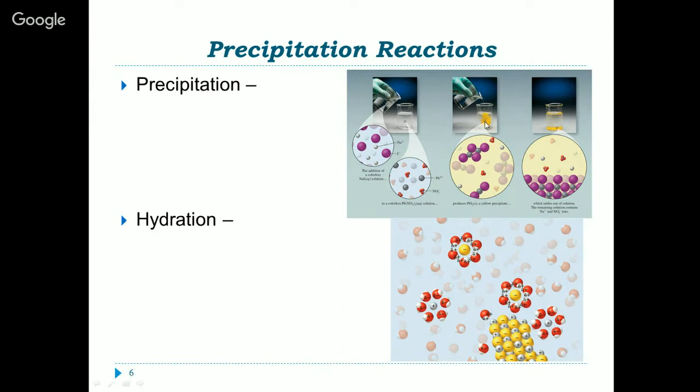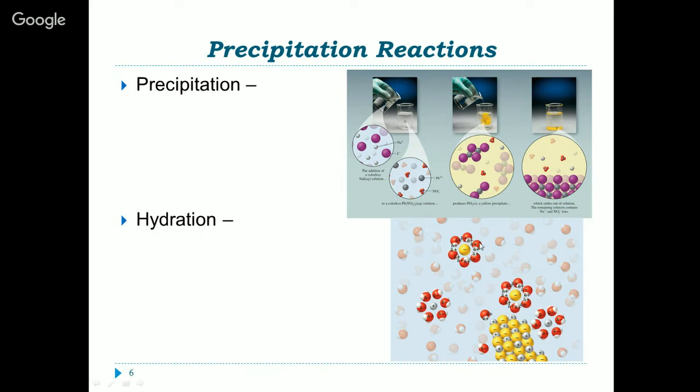So that is the yellow solid that is being formed. And we call these precipitation reactions because the solid, as it is formed, falls down to the bottom of the beaker. Just like when the weatherman says there's going to be precipitation, either rain or snow or whatever it may be, it falls from the sky to the earth. So we see precipitation because we're forming a solid and it will fall to the bottom and settle.